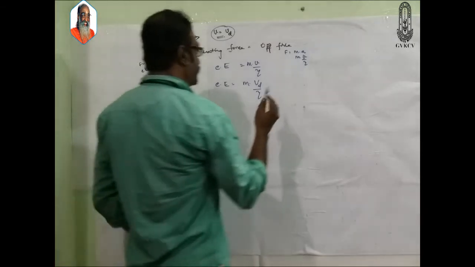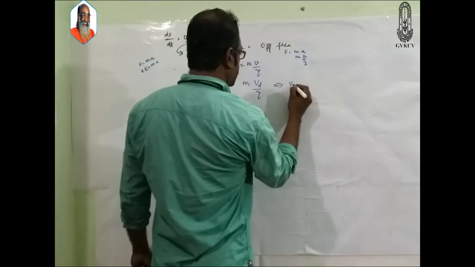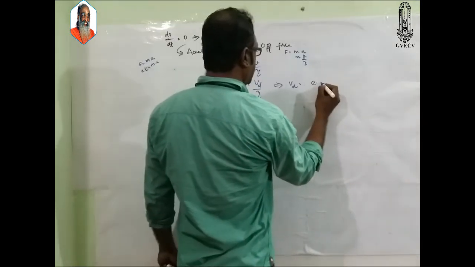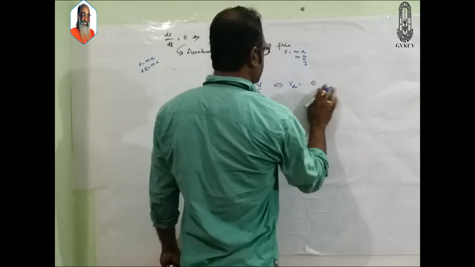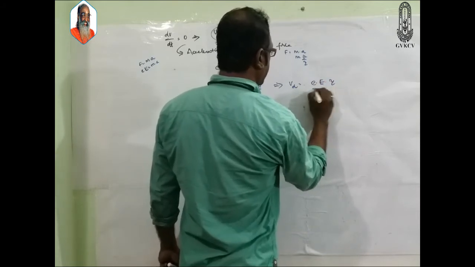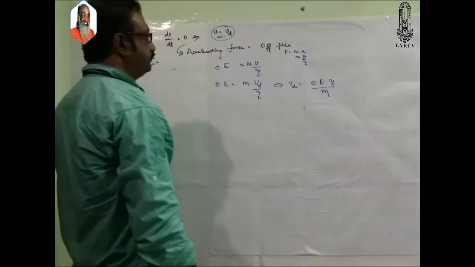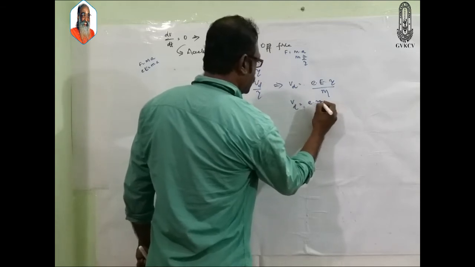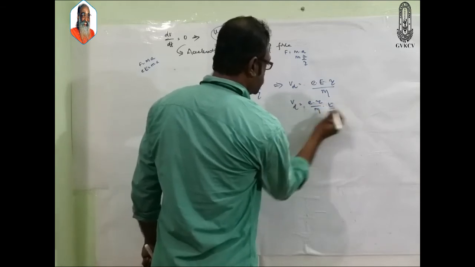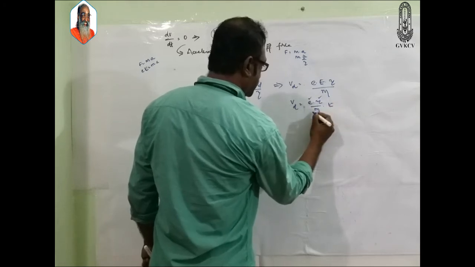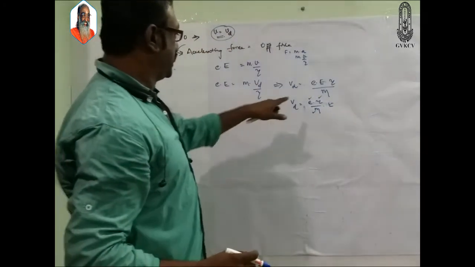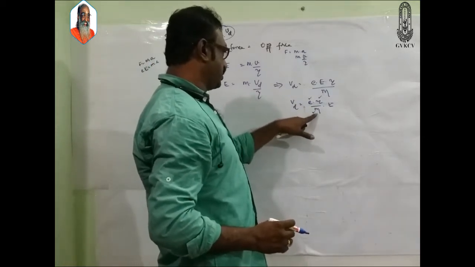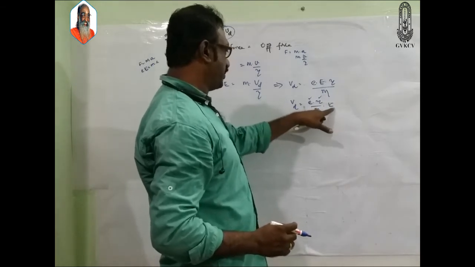Now we want the expression for Vd, the drift velocity. Taking all this to the other side, drift velocity is equal to e tau by m into E. Because e is constant, relaxation time is constant, and the mass of the electron is constant, only the applied electric field changes.